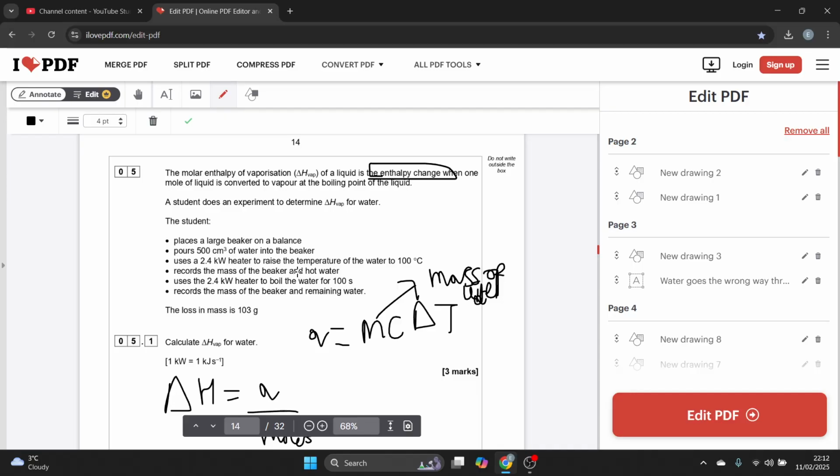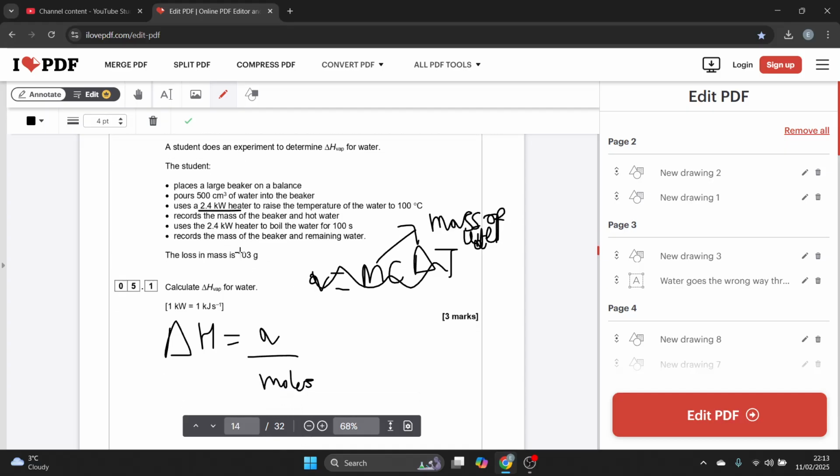Well, Q is the heat energy transferred, right? But I know I can't use that. It says a 2.4 kilowatt heater to raise the temperature 200 degrees Celsius to boil the water. And I know 1 kilowatt is 1 kilojoule per second, but obviously Q is measured in joules, so it's just going to be 2.4 times by 1,000. That's it. 2.4, no, times by 1000.